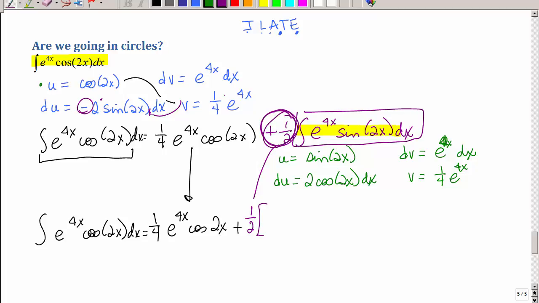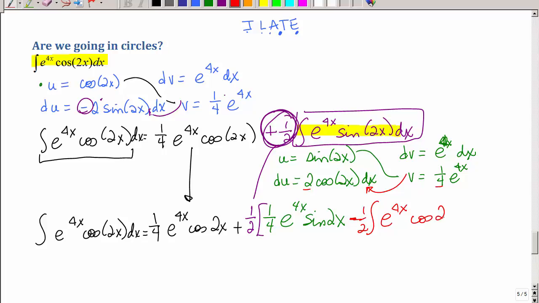All right, so let's go. We have u times v again, so that's going to be 1/4 e to the 4x sine of 2x minus that integral. So v du, I have the 1/4 and the 2 again, so that's going to be 1/2. And then I have e to the 4x cosine 2x dx.